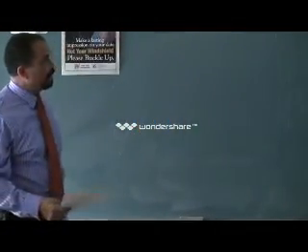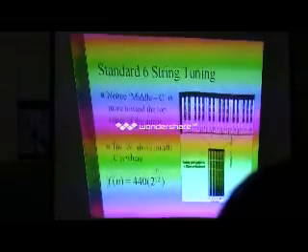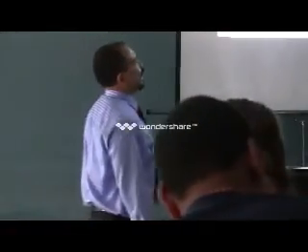So to calculate the frequency of that particular E, you would substitute what for n into this formula? 5 or negative 5? Negative 5. I'm going down. I'm moving to a lower tone. So it would be negative 5.